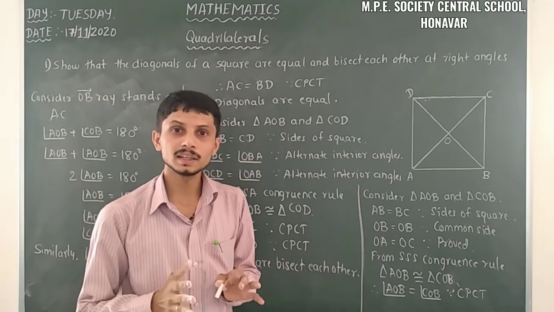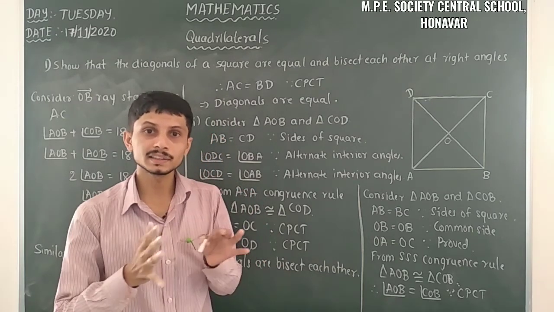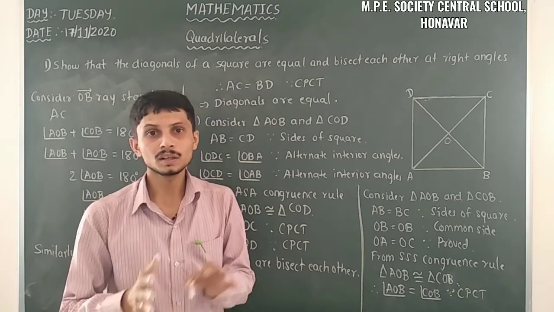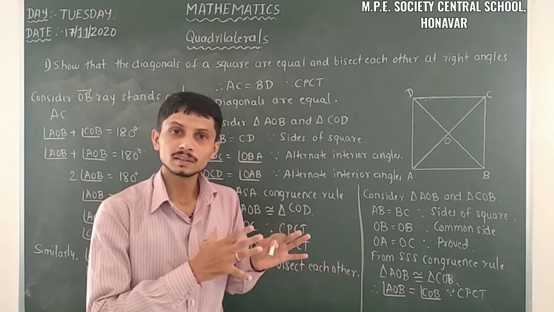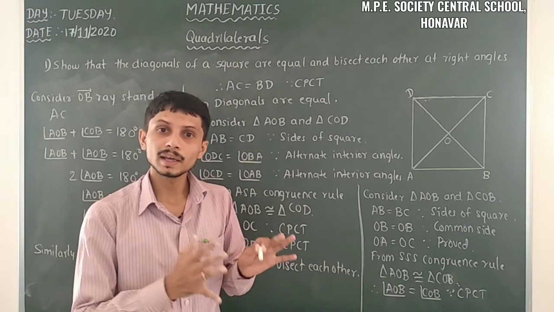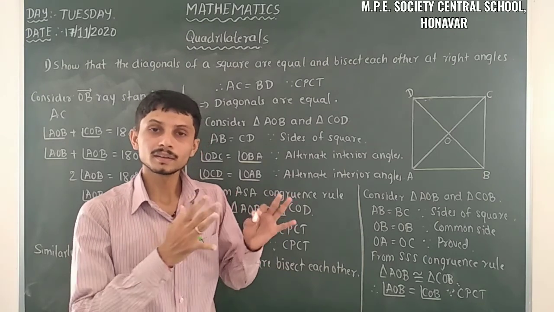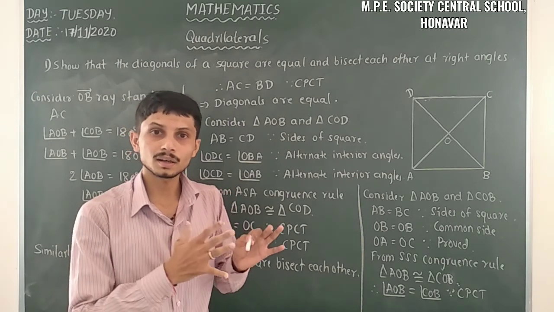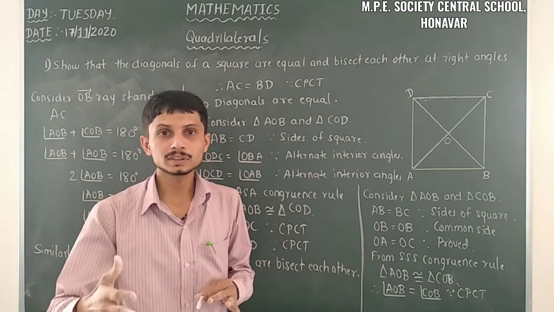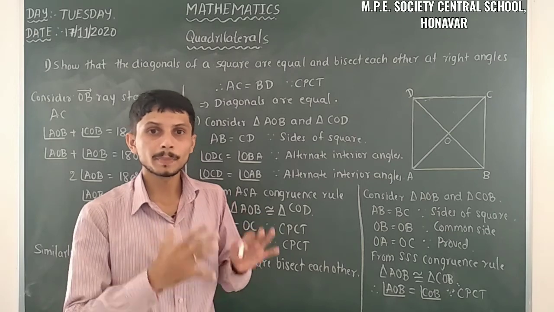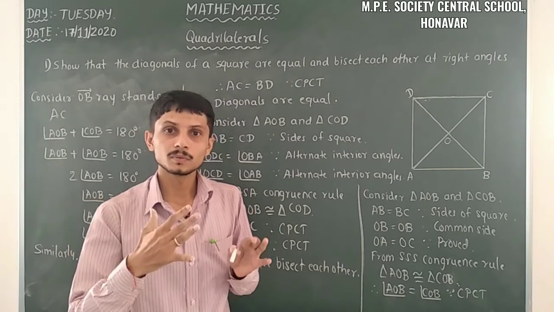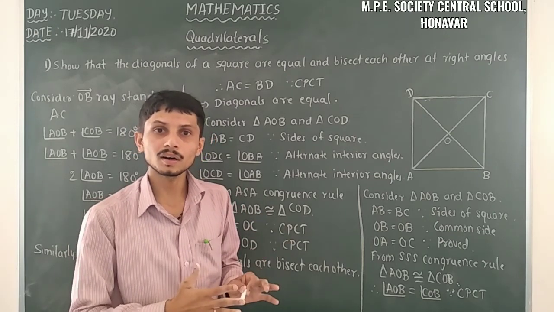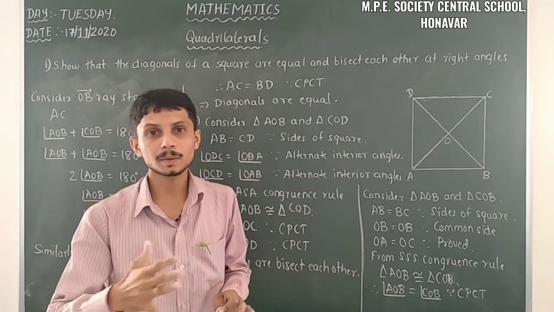Firstly, we considered those two triangles, in which the diagonals are parts, and from that we got that the diagonals are equal. Then we considered two triangles in which OA, OC, OB and OD are parts, and concluded that the diagonals bisect each other.